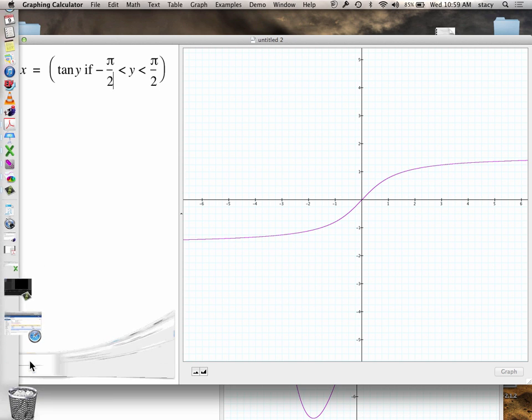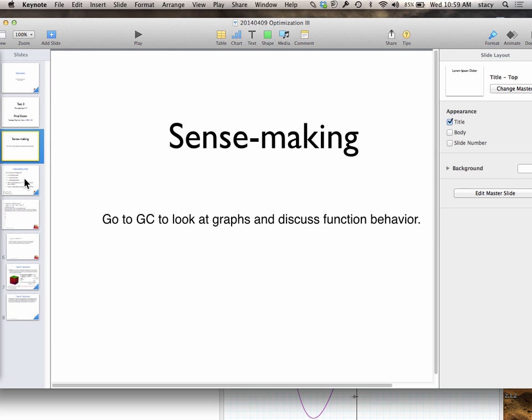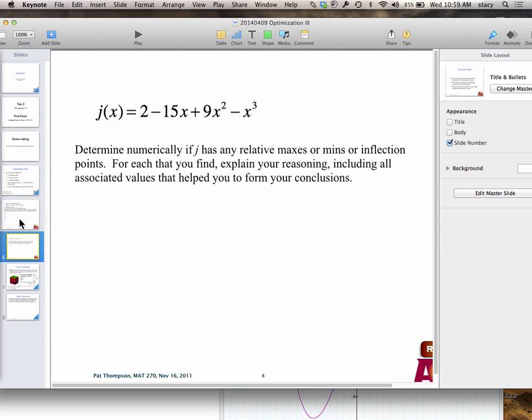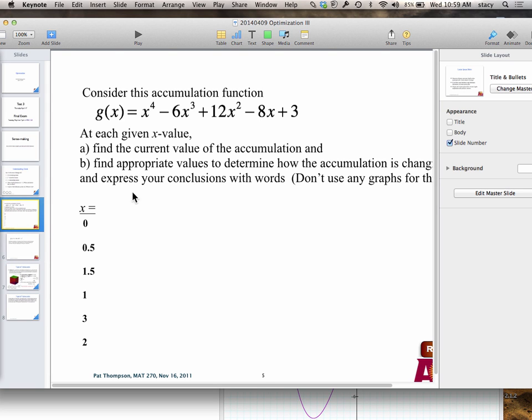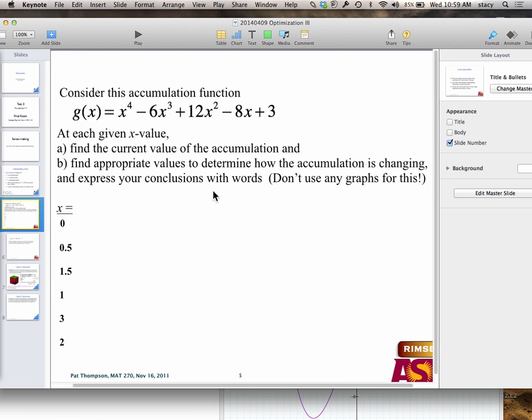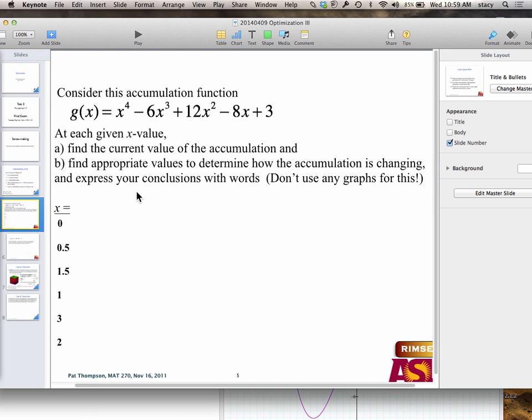And let's get back to that handout that I gave you guys. For the sake of time, how are you guys feeling about this? I feel like we just did a lot of practice that would help you do this problem where I give you the function and you have to figure out how the accumulation function is changing.